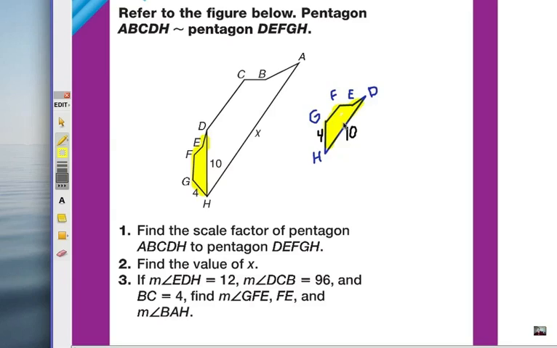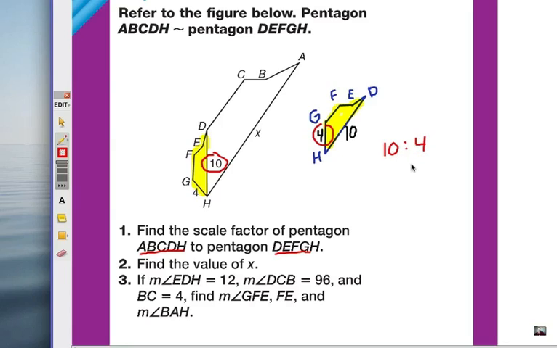All right, number one, it says find the scale factor of Pentagon ABCDH to Pentagon DEFGH. So what we have to do is compare corresponding parts. For the scale factor of the large one to the small one, in that order, notice that this 10 side in the large one relates to the 4 of the small one, in that order, 10 to 4.